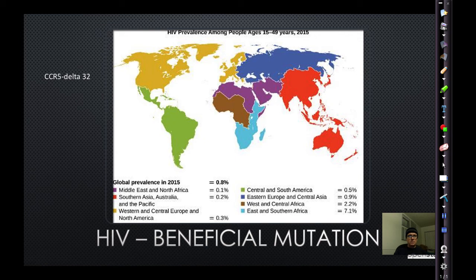So these people with CCR5 delta 32 are lacking a functional CCR5. Because they do not have that co-receptor for HIV to enter into their cells, they do show some resistance to some strains of HIV. So it is actually a beneficial mutation.